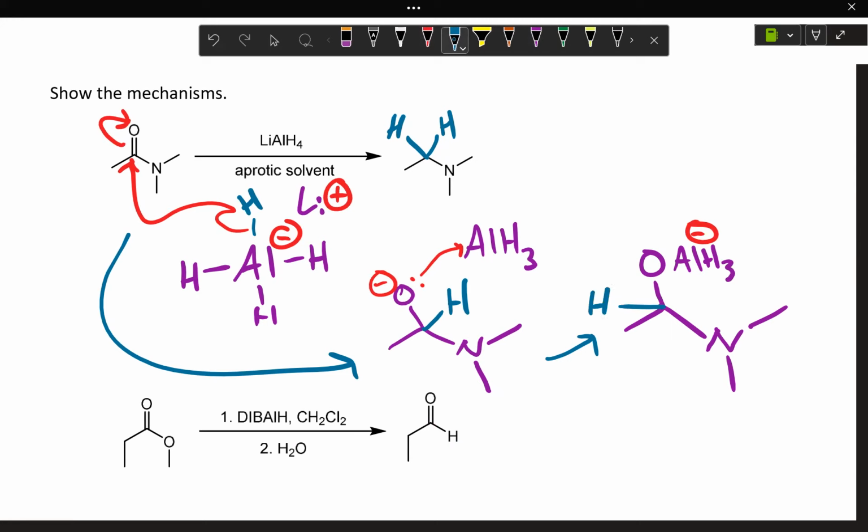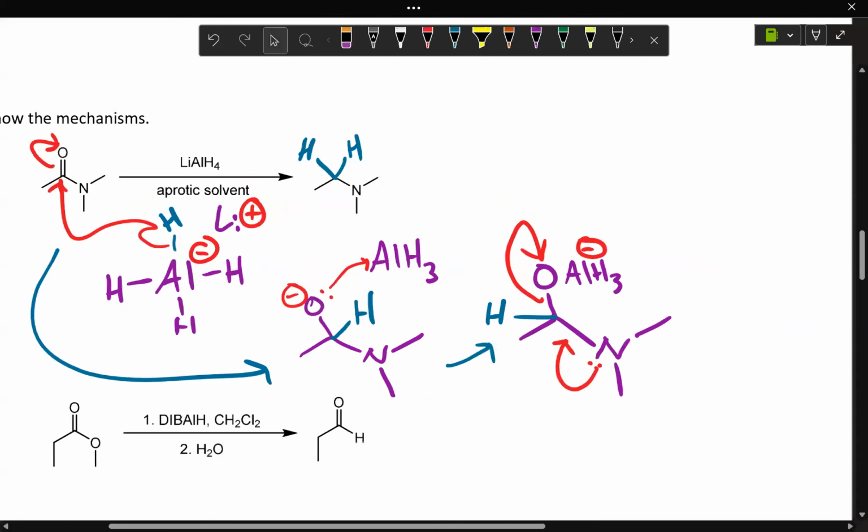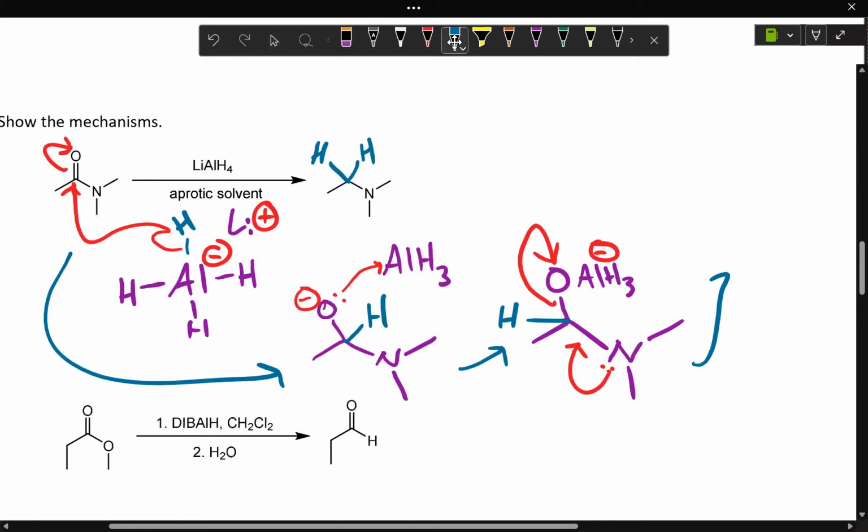So we don't want this oxygen group here anymore, so we can kick it out. The way it's going to be kicked out is that this nitrogen here is going to do resonance in order to push out the oxygen aluminum group. So now we have this group here, kind of like an imine.